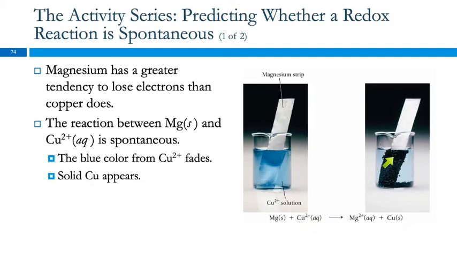And so we see copper being deposited on the surface of the magnesium, and we see the color of the solution fading. Right? The color is from the copper ions. Copper ions are becoming copper atoms, and the magnesium is going into solution, but the magnesium ions don't have a color.